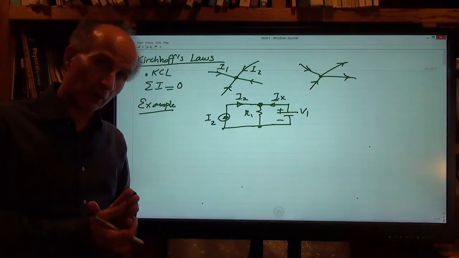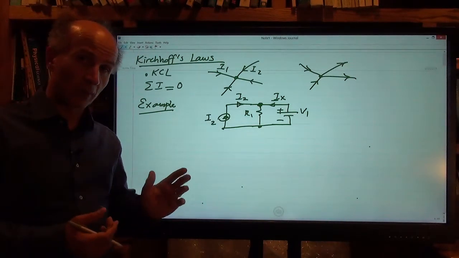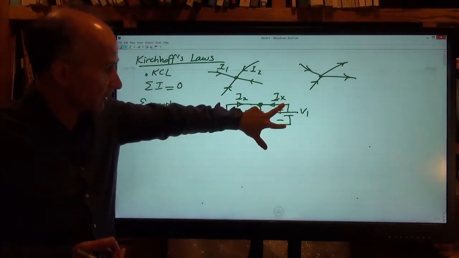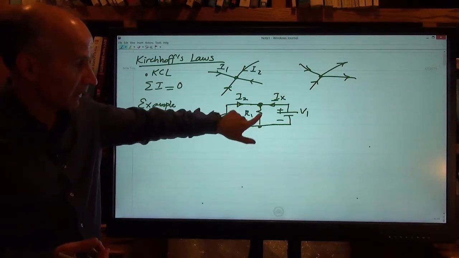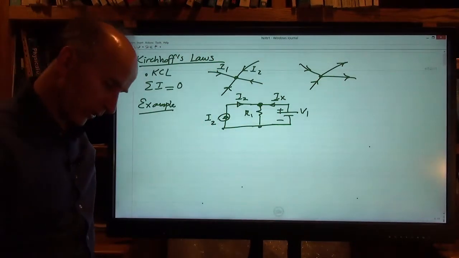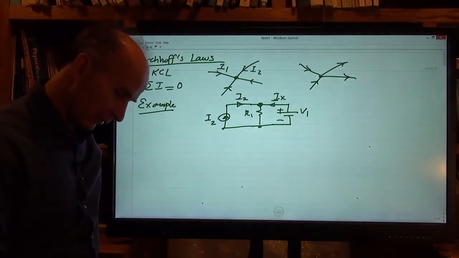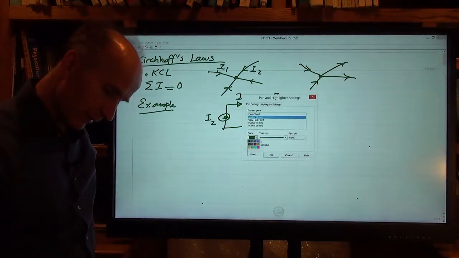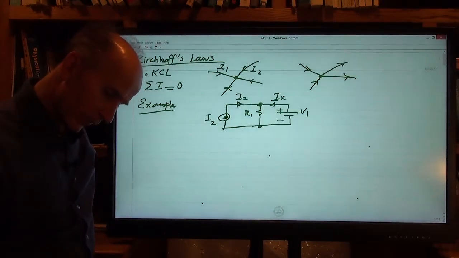The resistor has that amount of voltage on it. So the current through R1 is known, is equal to this voltage, which is V1, divided by this resistance, according to Ohm's law. So this current, I will change the color of my pen to make it a little clearer. So this current is equal to V1 over R1.